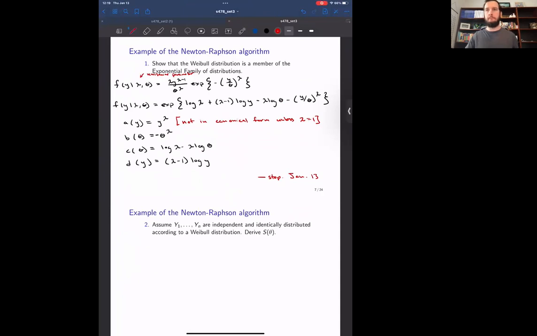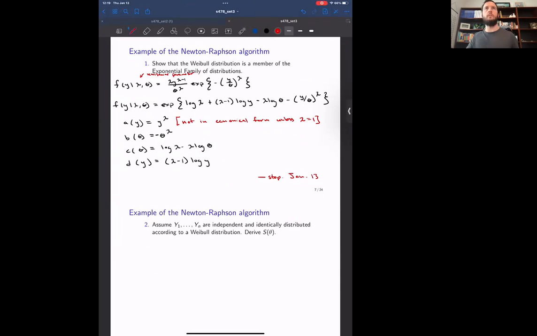Can I ask a quick question? Yeah, definitely. Since we have an expression for the expectation of a of y, could we then use that to find the moments of the Weibull distribution, just for different values of lambda? Yeah, for sure.